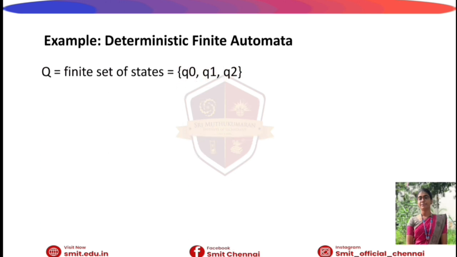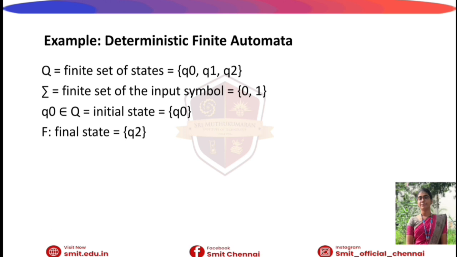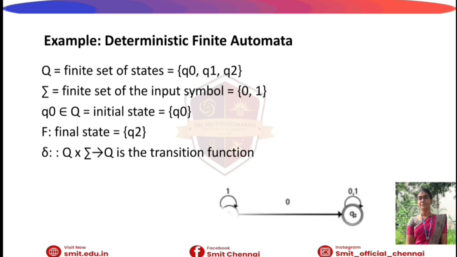DFA example. Let the set of states be Q0, Q1, Q2 and set of input symbols be 0, 1. Q0 is the initial state and Q2 is the final state. Here the transition function is Q cross sigma to Q. And the state diagram is Q0 accepts 0 and goes to Q0 itself, and Q0 accepts 1 as an input and goes to Q1.